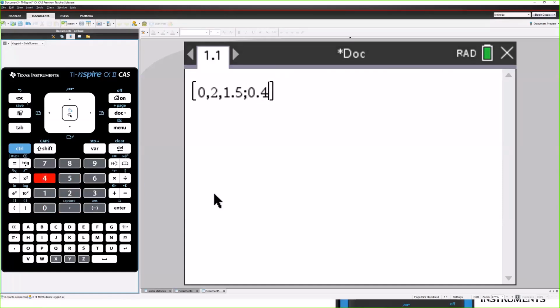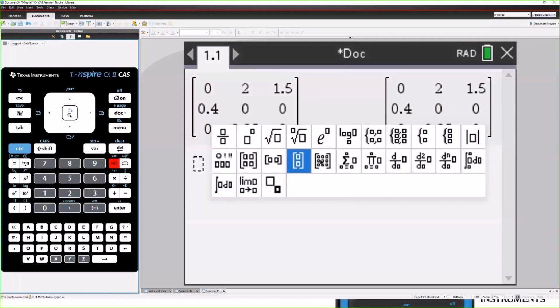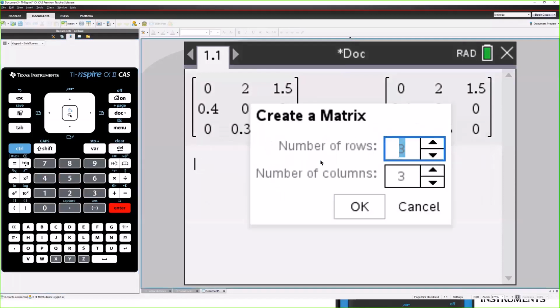So that was 0.4, 0, 0, and the next row was 0, 0.35, 0. And then when I press enter, you'll notice it automatically jumps into our Leslie matrix. So there's all sorts of ways that you can create the matrices. Obviously in here, not that one, but that one. And that gives you the same as what the menus did, where you can just automatically create it with the number of rows and columns.